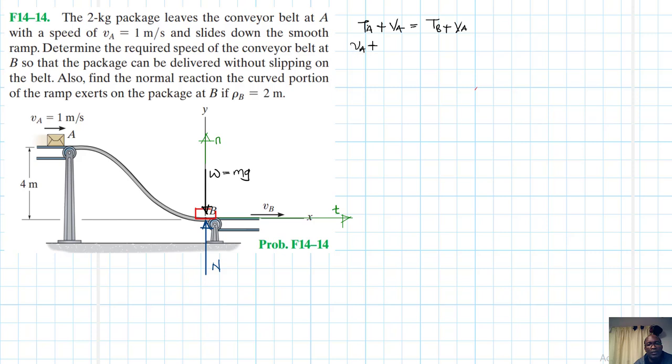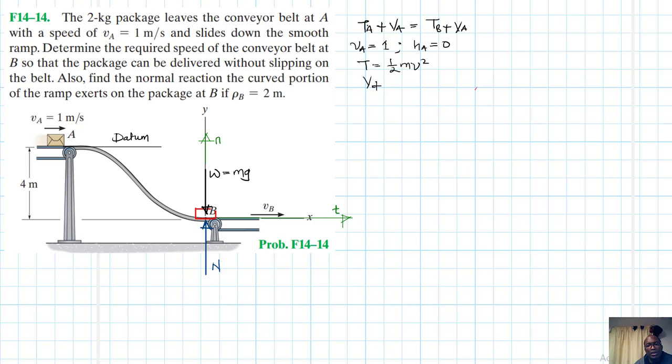Our VA is equal to 1. Our HA is equal to 0 if we took this as our datum. And we know that T itself is just equal to half mv squared.